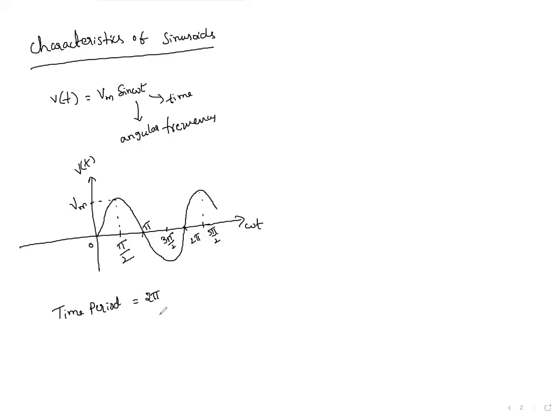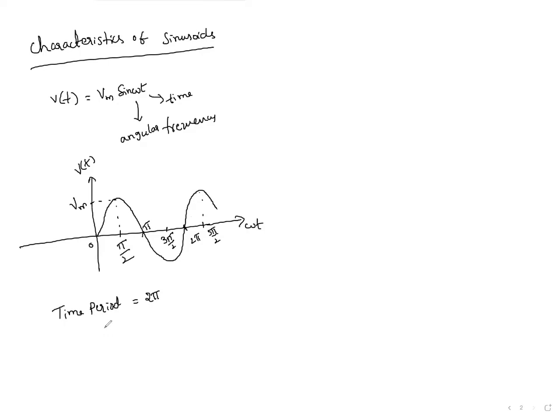Correct? So time period is defined as the time for the function to repeat the cycle, one cycle. So how much time is it taking to complete one cycle? 2 pi radians. After 2 pi radians, it is again repeating. So 2 pi radians is called the time period of this function.